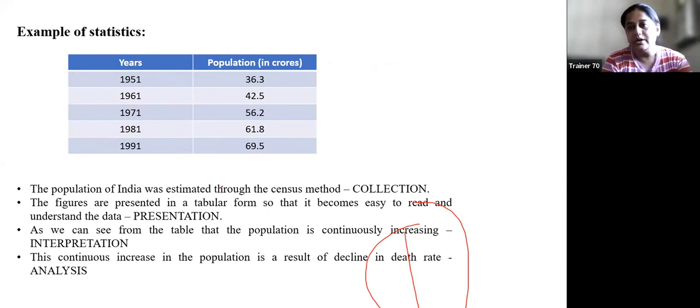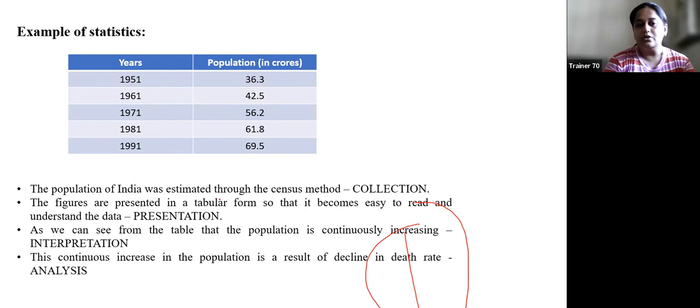Now, as we have just started with the definition, statistics is the science of collection. Now, from where did I get this population? The population of India is 36.3 in 1951. In 1961, it is 42.5. So you must have collected this data from somewhere.